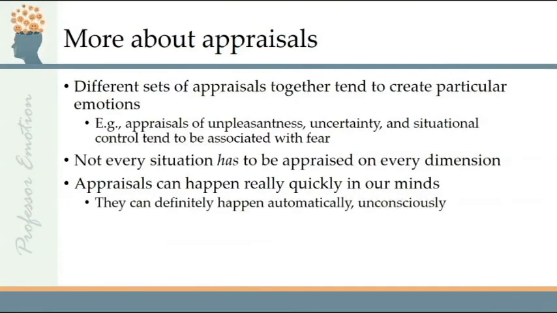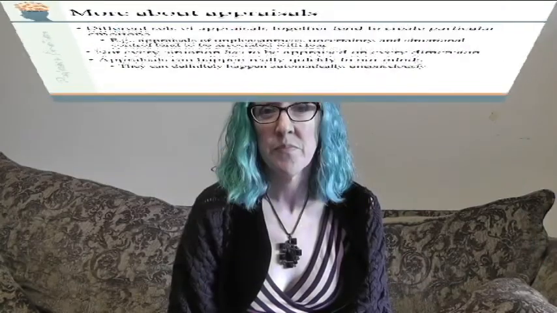So if you're sitting here listening to this thinking, well, I am not actually thinking about unexpectedness and situational control, I am just responding to the situation. Right, of course. Appraisals happen really automatically, sometimes unconsciously. Sometimes we're aware of our thoughts about a situation, and sometimes they're so habitual and so patterned that we're not actually tuned in to what we're thinking and how we're evaluating a situation.